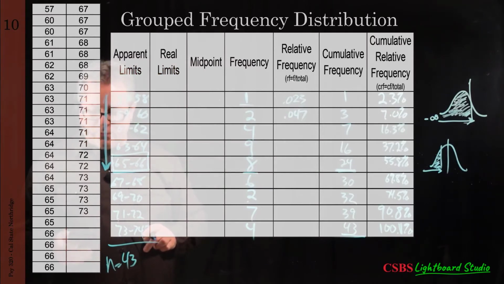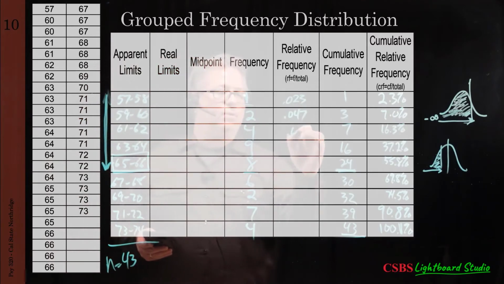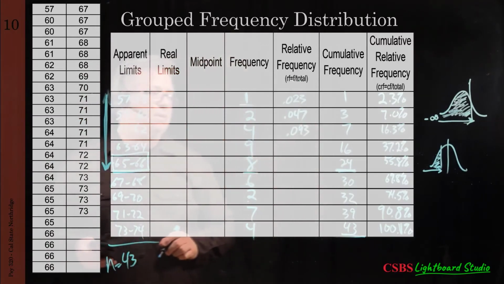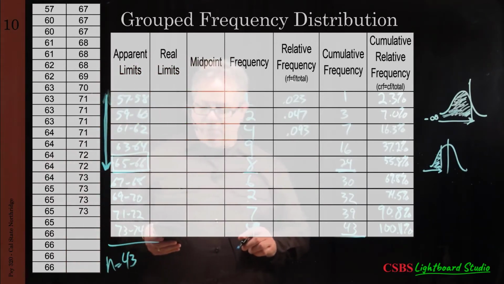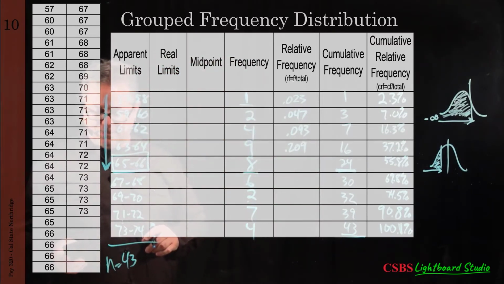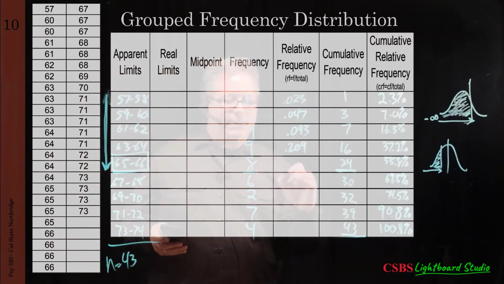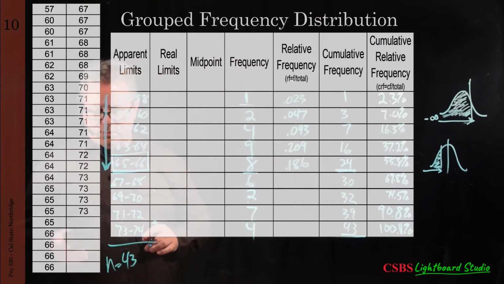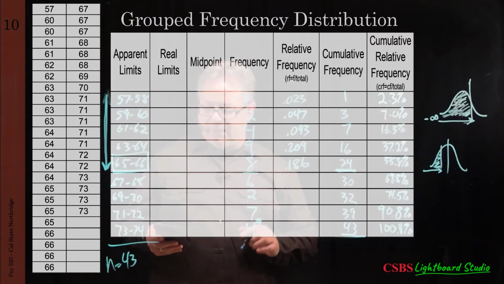Do the same thing for 4. Getting 0.093. For 9, 0.209. For 8, 0.186. 6 divided by 43, I guess I get 0.1395.